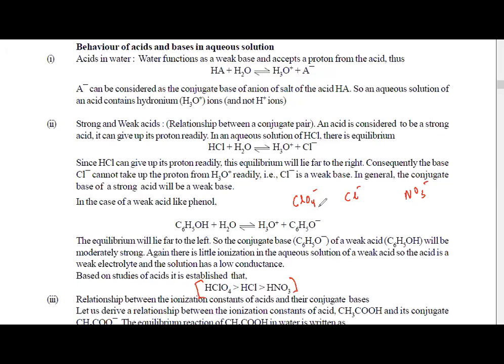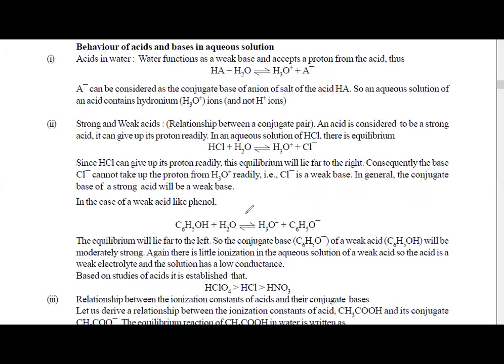If the electron giving tendency of an ion is less, it is more stable. Yes or no? Anyways, we will study this in detail in organic; we don't have to bother about that in this chapter.